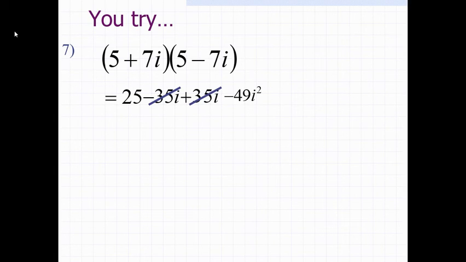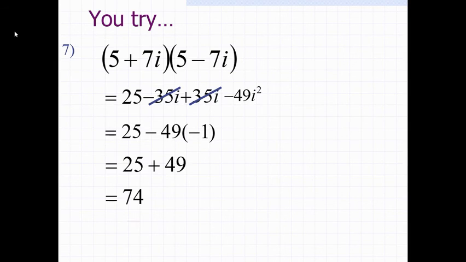Notice that our middle terms cancel, so we really get just a real number because 25 plus 49 is 74. Keep that in mind. The 5 plus 7i and the 5 minus 7i are what we call conjugates, and we're going to study those next. See, here it is, a conjugate.